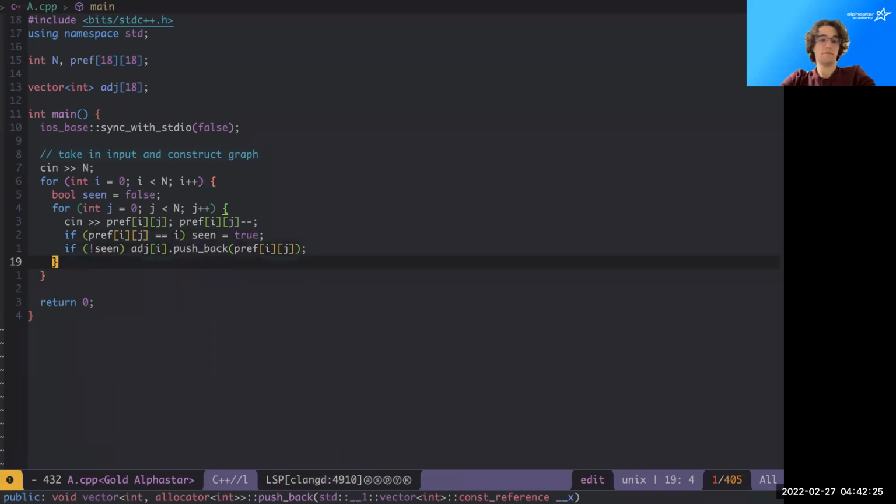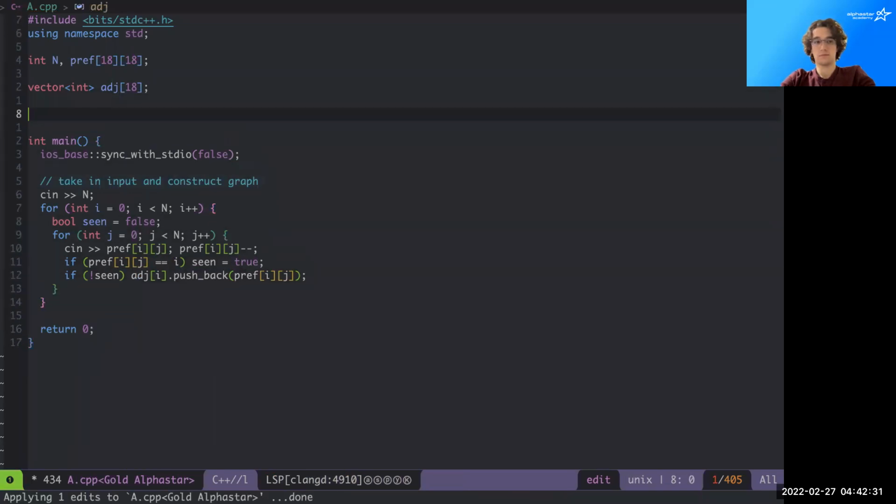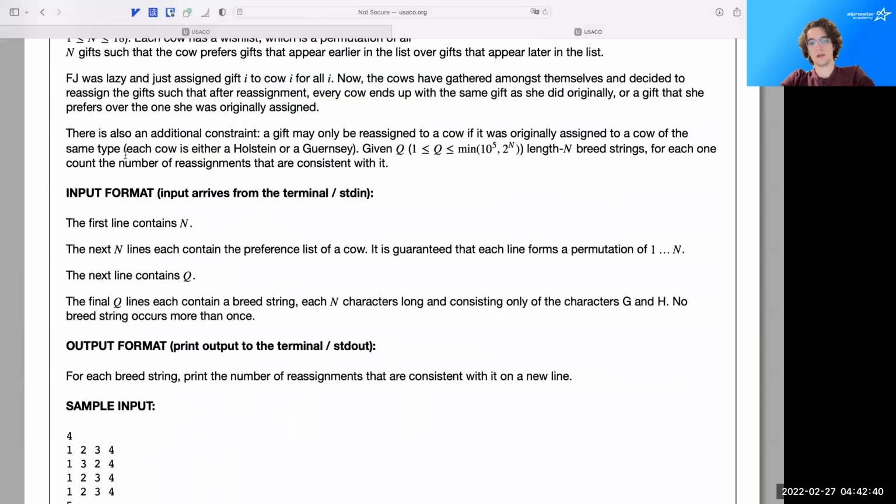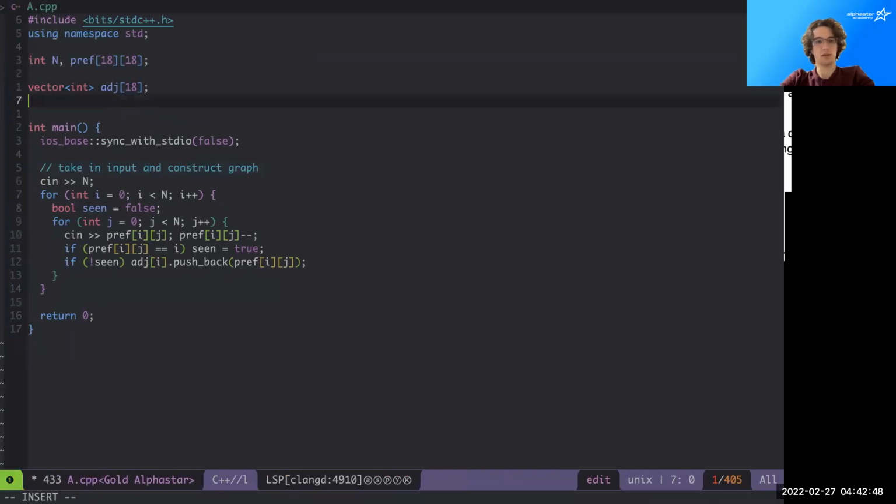So that constructs our graph. We can compute longs. What's 18 factorial? 10 to the 15. Okay, so it does need to be longs.